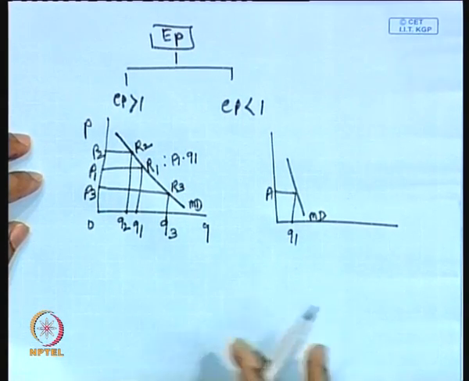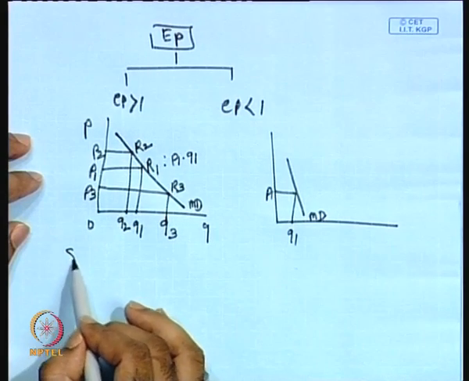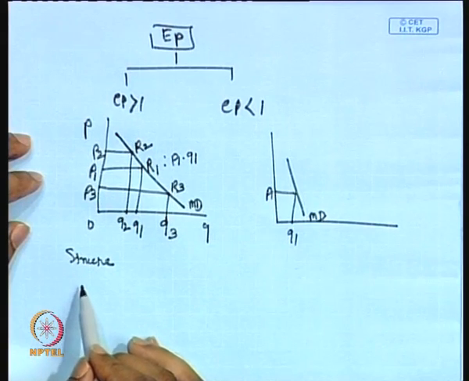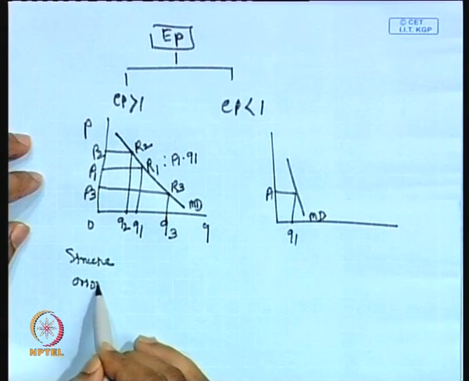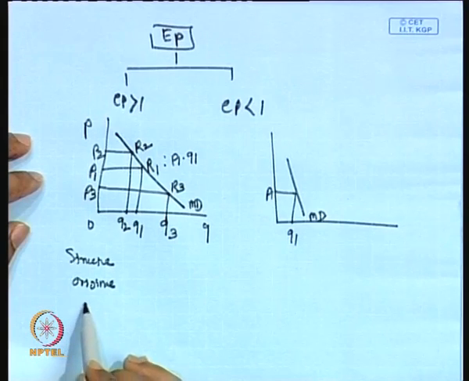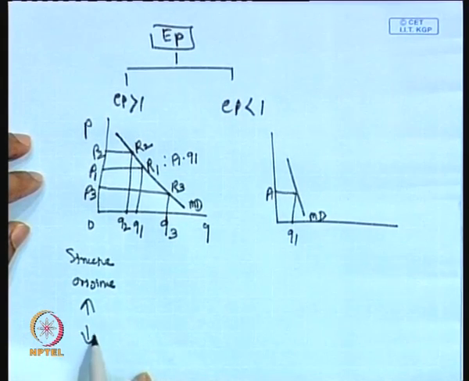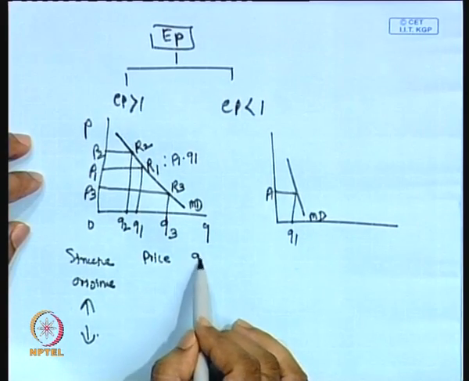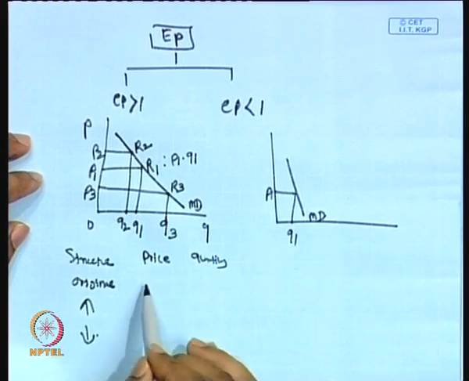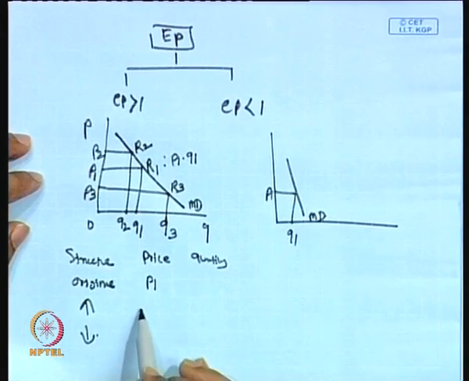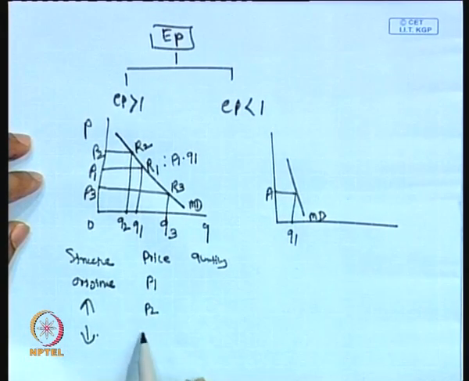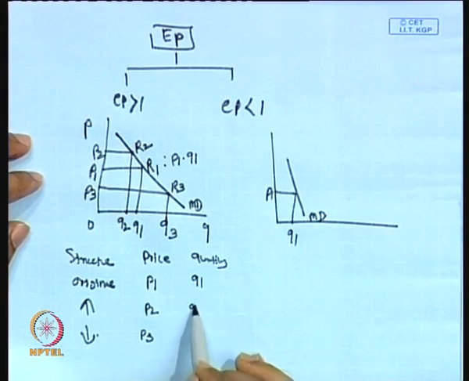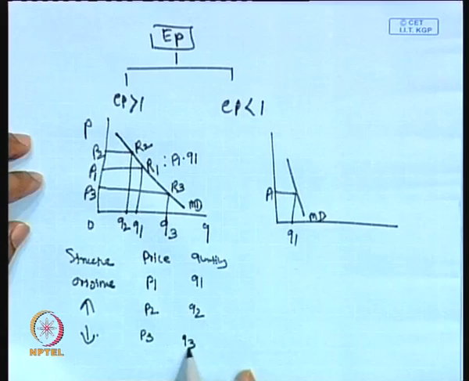So this is the existing structure: original position, then increasing situation and decreasing situation. This is the price component, this is the quantity component. The original position is P1, then P2, then P3, and the quantities are Q1, Q2 and Q3.